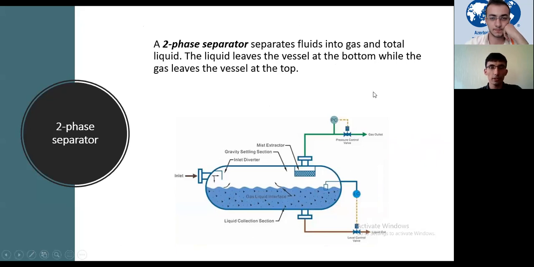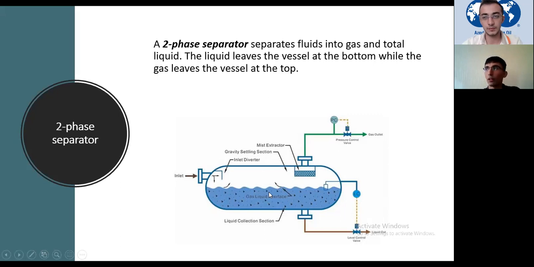It's called a two-phase separator. You can understand from the name, it is used to separate two phases, like liquid and gases, or solid and liquids, or solid and gases from each other. In the photo, you can see a gas and liquid separator.